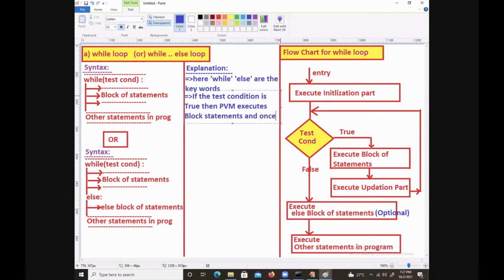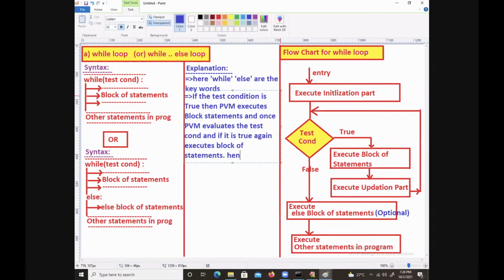And once again, PVM evaluates the test condition, and if it is true, it again executes the block of statements.